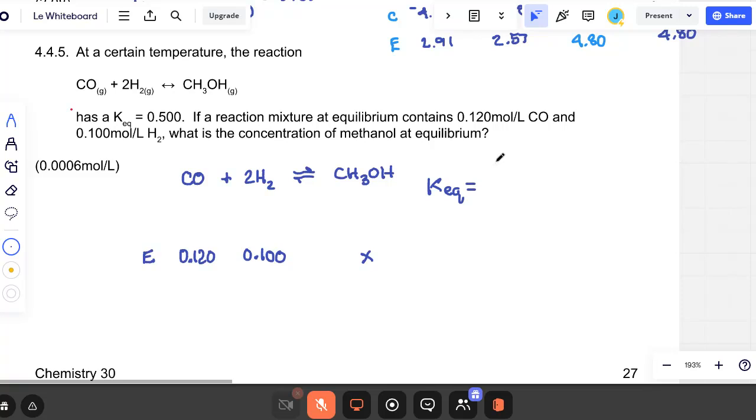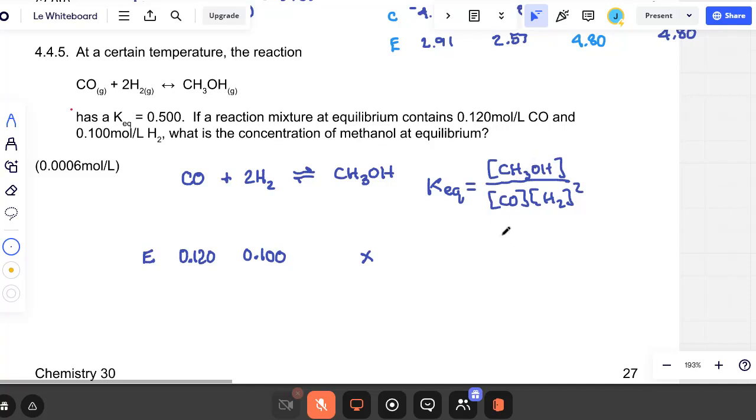comes from the products, CH3OH, over our reactants, which are carbon monoxide and hydrogen squared. Well, they told us the equilibrium constant is 0.5, and we know 2 of these numbers, so we can solve for the missing thing.